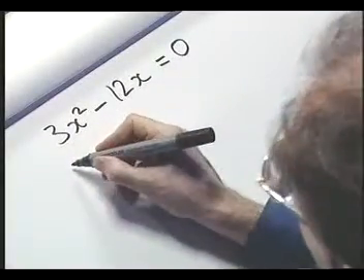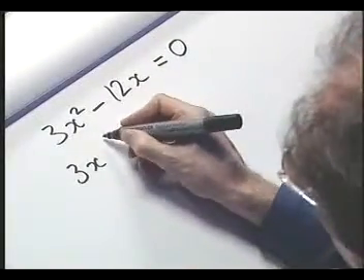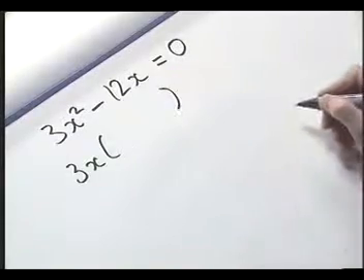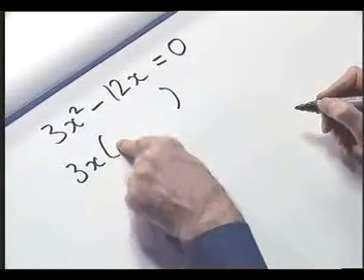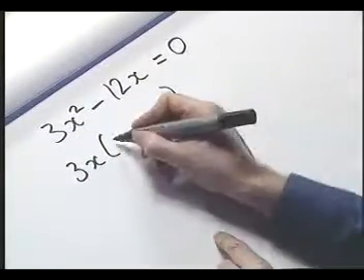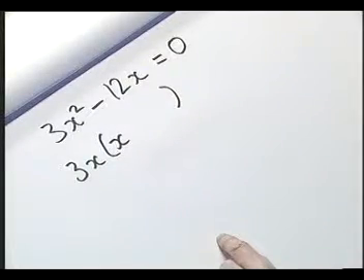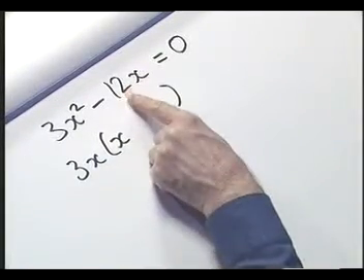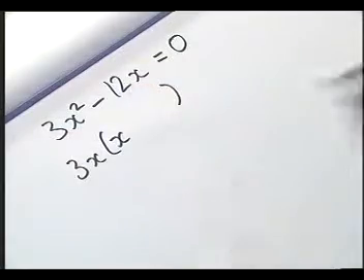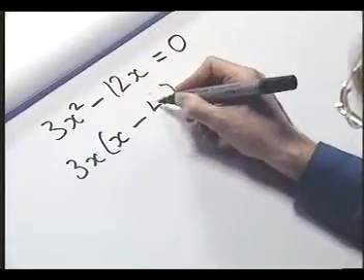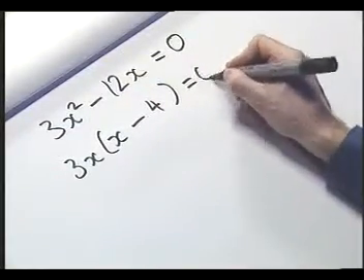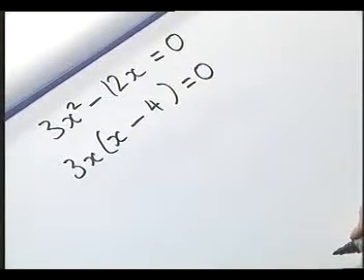So we can take out 3x as a common factor. 3x times by something has to give us 3x squared, so that's got to be x, and 3x times by something has to give us minus 12x, so that's got to be minus 4, and so that equals 0.